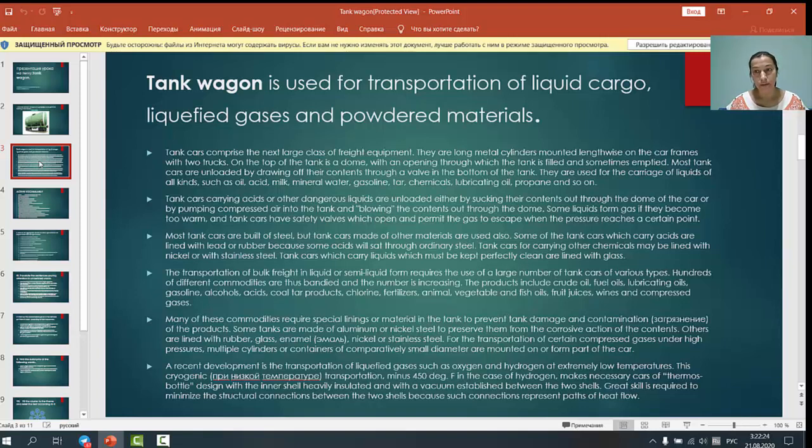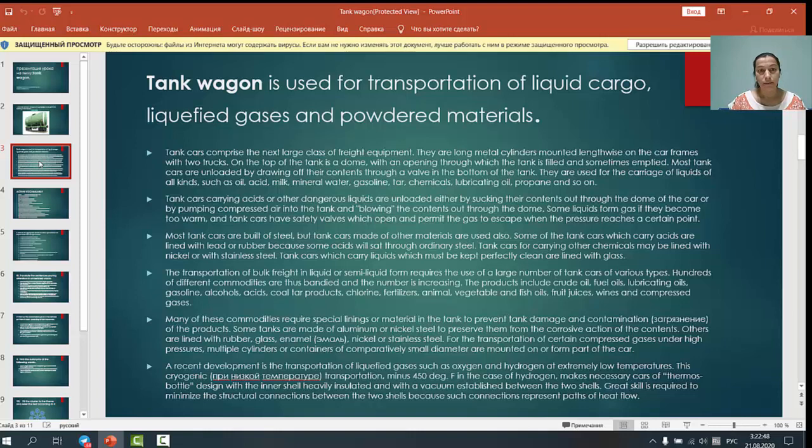They are used for the carriage of liquids of all kinds, such as oil, acid, milk, mineral water, gasoline, tar, chemicals, lubricating oil, propane, and so on.